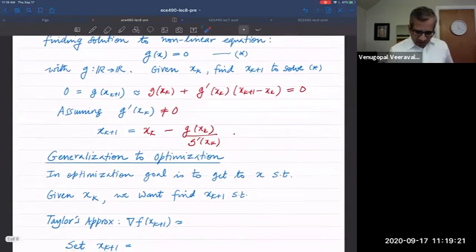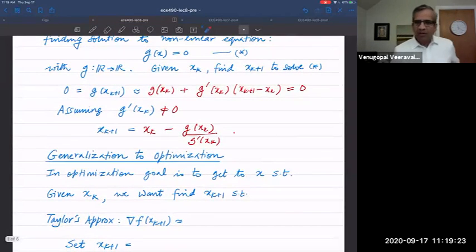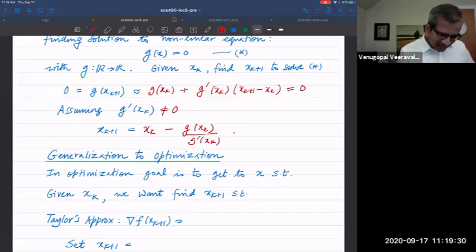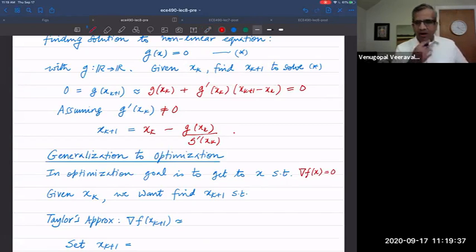All right, so how do you generalize this notion to optimization? In optimization, the goal is to find an x such that the gradient of f of x is equal to 0. And now we're not operating in one dimension anymore. So x is n-dimensional. The gradient is also n-dimensional, right? But the same idea can be used.